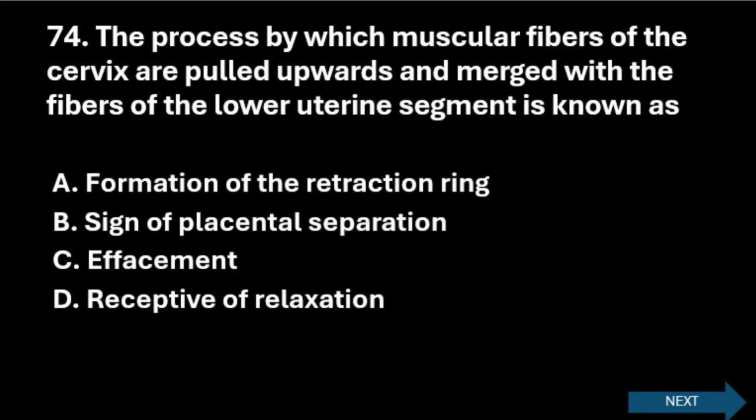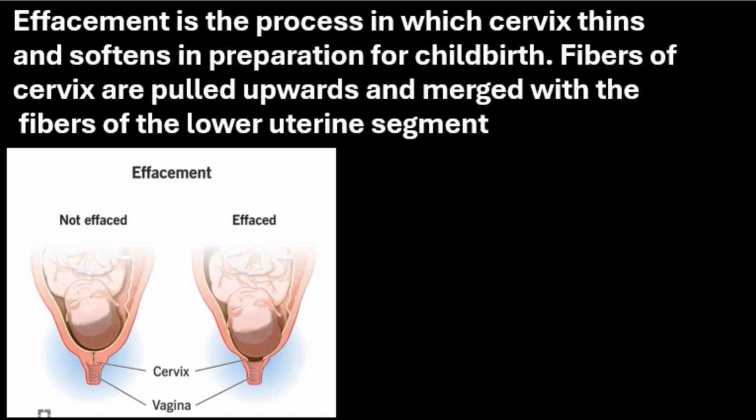The right answer here is option C, effacement. Effacement is the process in which the cervix thins and softens in preparation for childbirth. Fibers of the cervix are pulled upwards and merged with the fibers of the lower uterine segment. You can see the effacement here. Here it is closed and this is getting thin and dilated. So this is the effacement stage of labor.